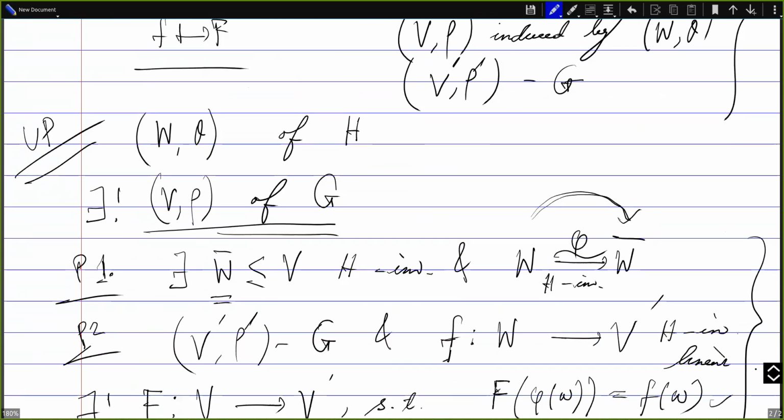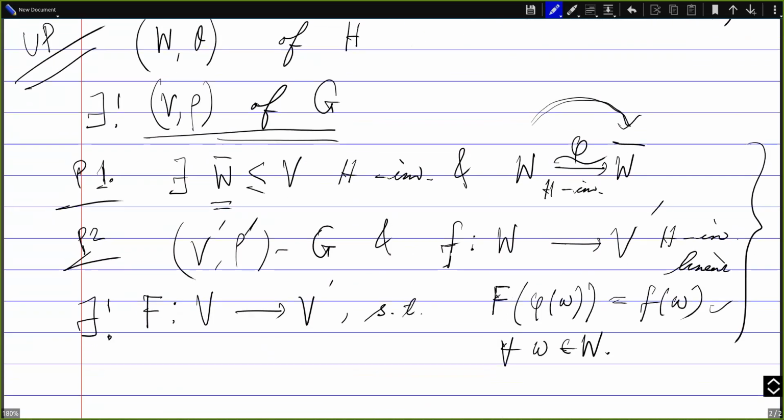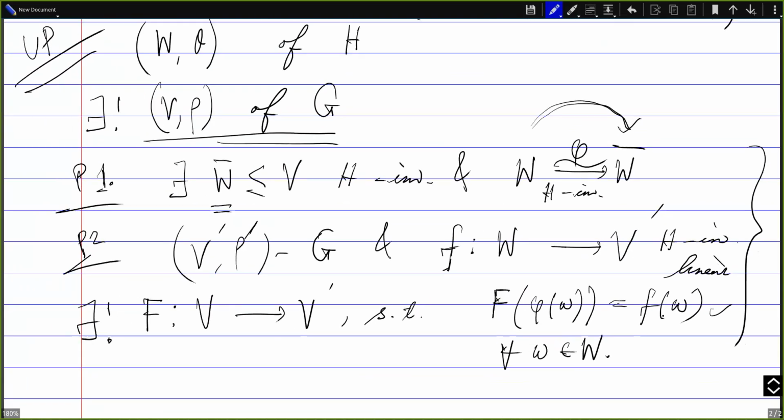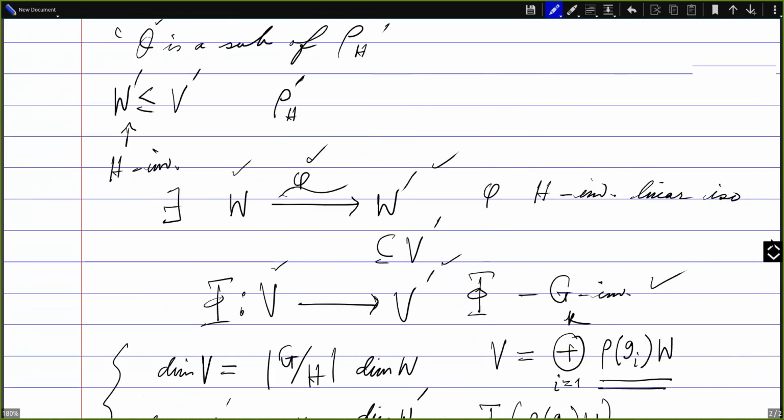Yeah, so property one just follows from the definition of the representation induced by (W, theta), and property two is just this.